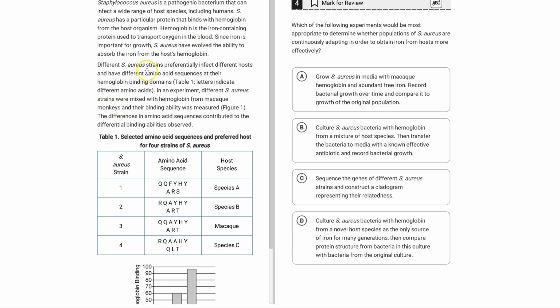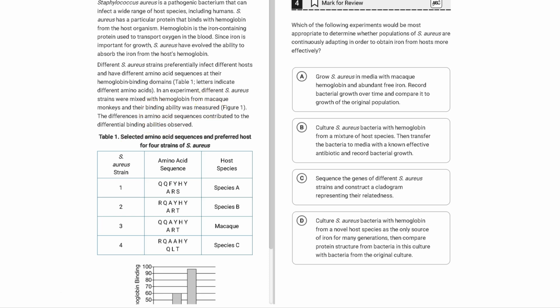Tricky little guys. Different Staphylococcus aureus strains preferentially infect different hosts and have different amino acid sequences in their hemoglobin binding domains, which makes sense, right? Because hemoglobin differs in different organisms. In the experiment, different Staphylococcus aureus strains were mixed with hemoglobin from macaque monkeys, and their binding ability was measured.